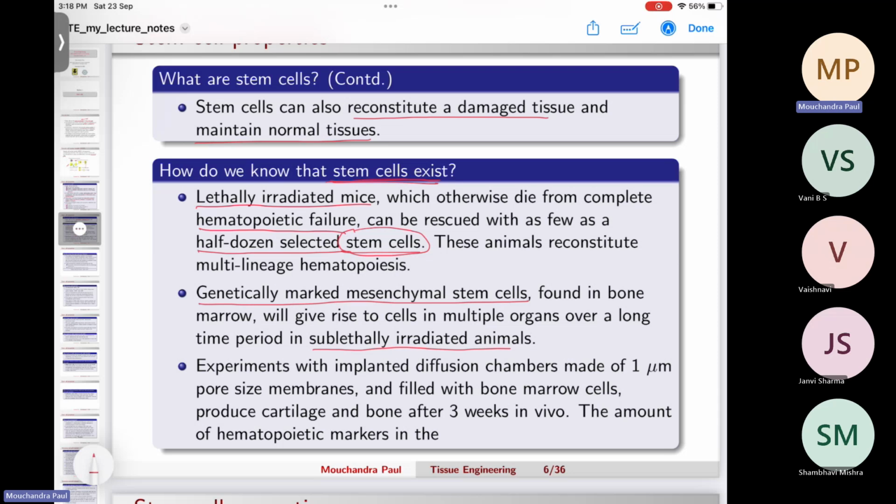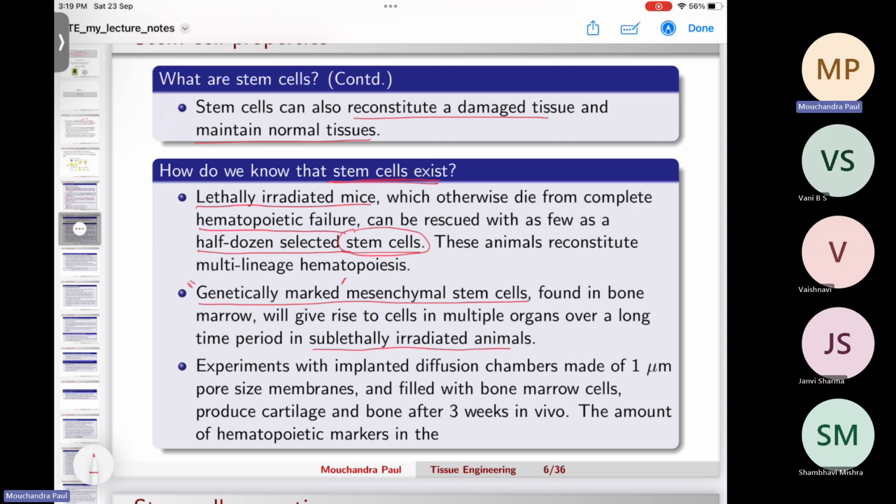When they monitored it, they saw that the daughter cells of these mesenchymal stem cells could be found because they were genetically marked. So this supports the fact that these stem cells can help in reconstitution of damaged tissues and organs.